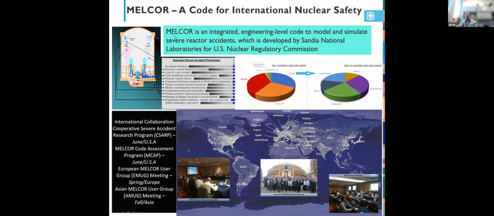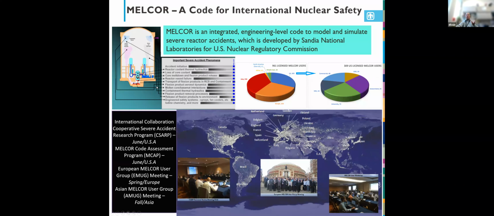You have a core melt in the RCS, and it shows some of the important severe accident phenomena that MELCOR does model, such as accident initiation, thermal hydraulics in the RCS, loss of core coolant, core melt, fission product release, vessel failure shown in this cartoon, and then transport of fission products around the RCS, inside the RCS, and also in the containment.